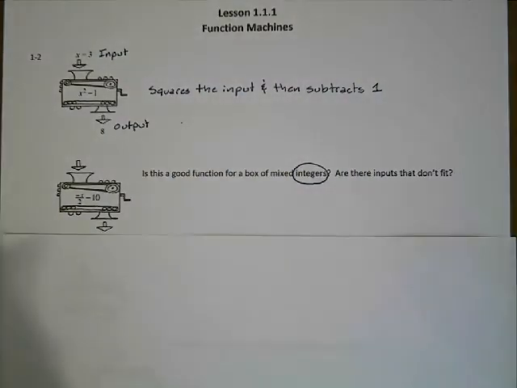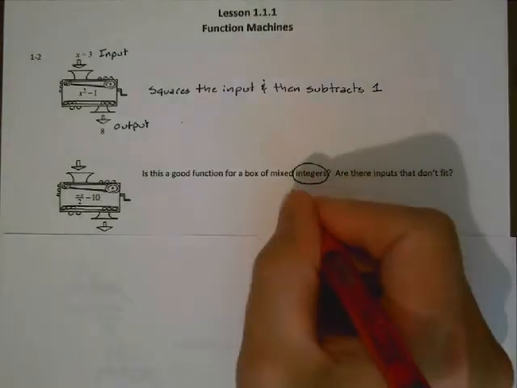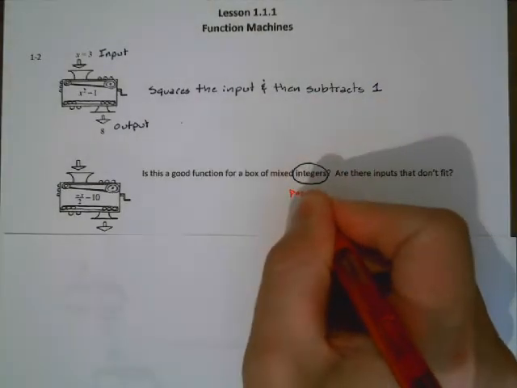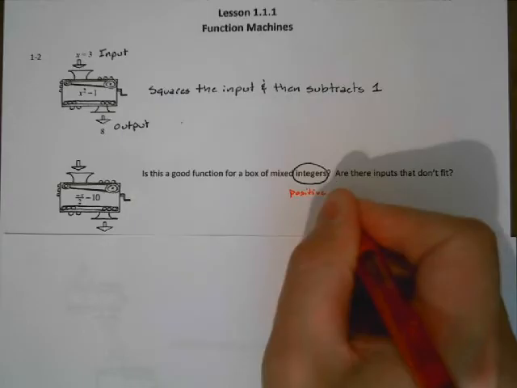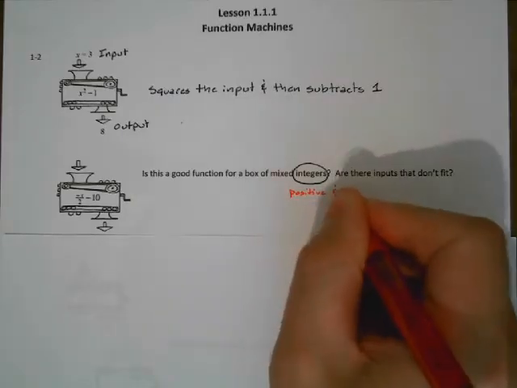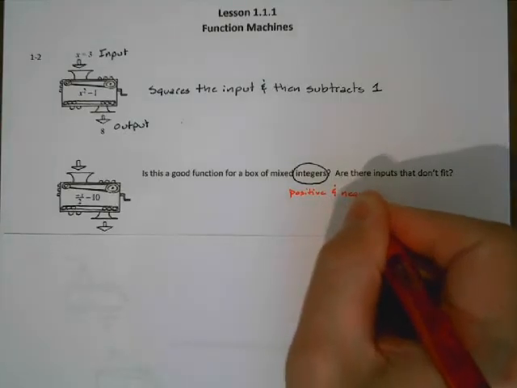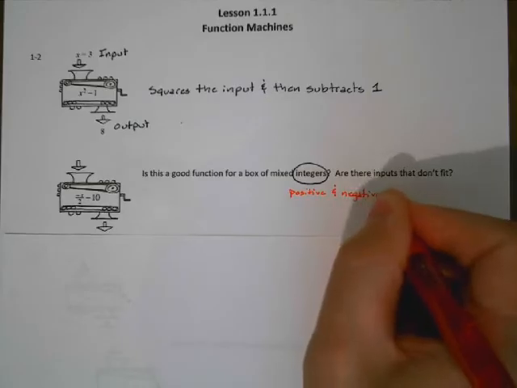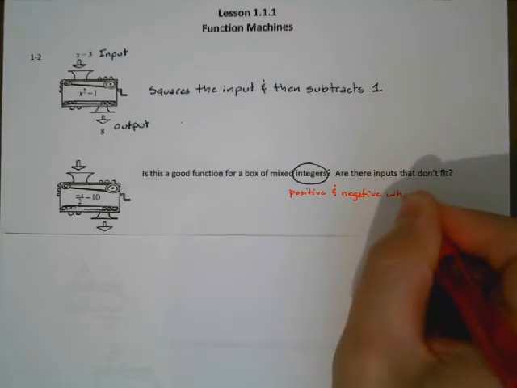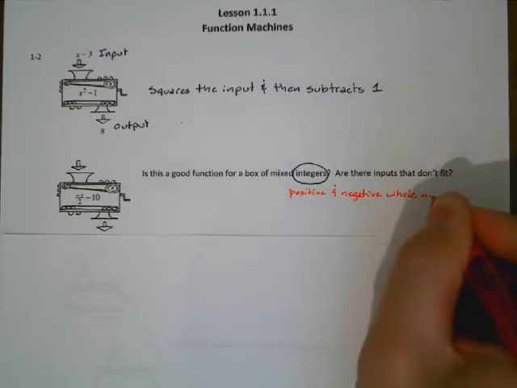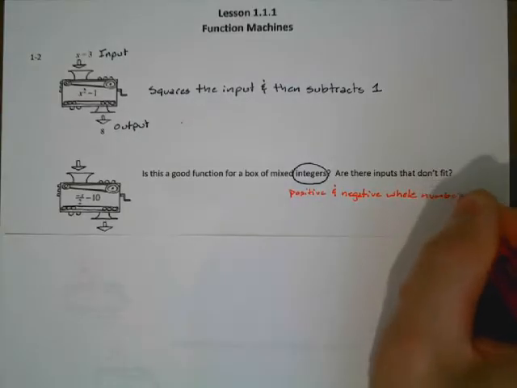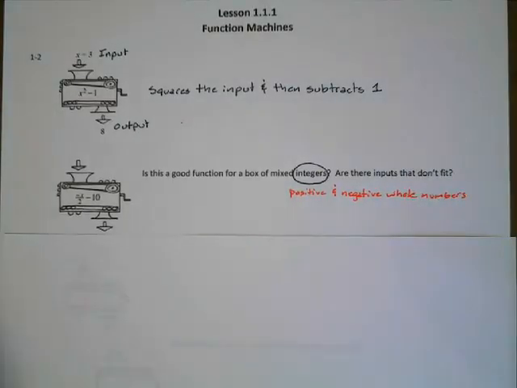So no fractions, no decimals. That could be -5, it could be 1, it could be 0, it could be 20. You just can't do something like 20.3.